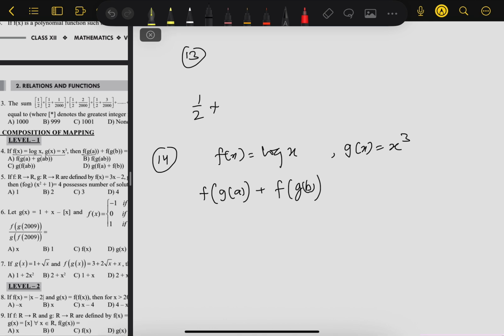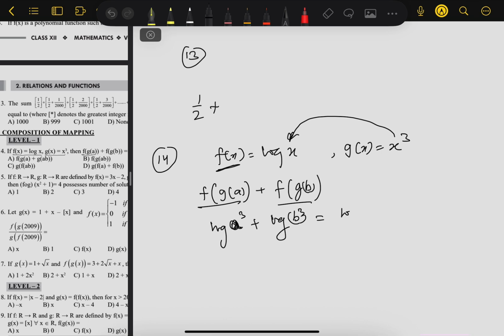This is equal to, as you can see, f is given as log here and we are composing with x cube only. So that means this function will be log of a cube and this will be log of b cube, right?